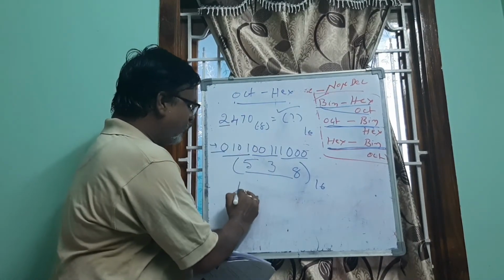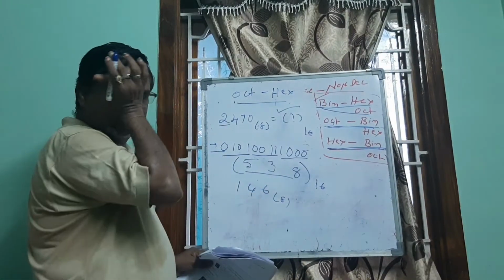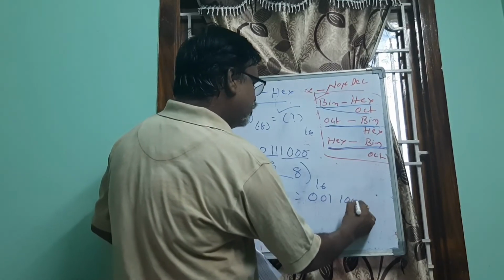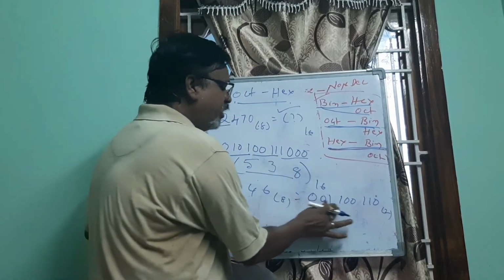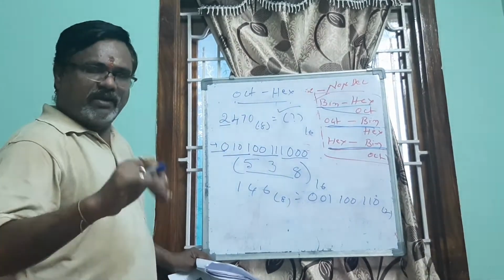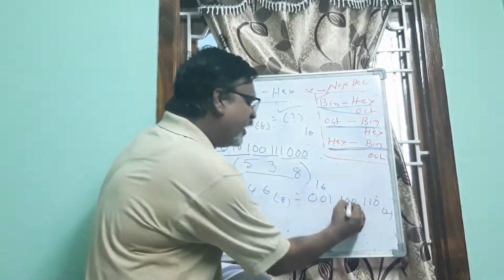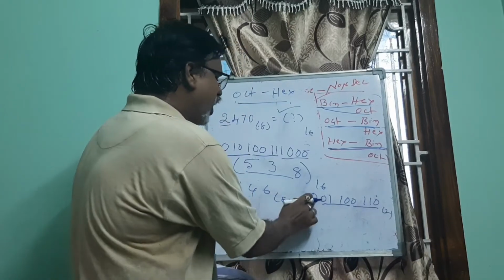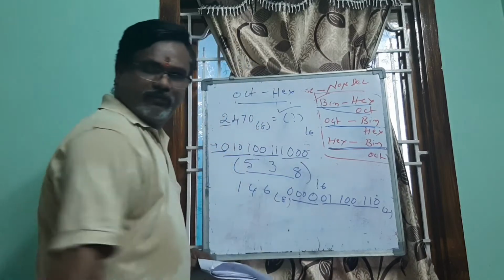But if 146 is given, 3 octal digits are given, how to do it? It's simple. So 1 is 001, 4 is 100, 6 is 110. This is the binary value. Here total how many digits did we get? 9 digits. But if you want to convert a binary number to hexa, you group them into 4 bits. So here this is one padding, this is another padding, and here you have left only one value, so you can put 3 zeros and make it a group.